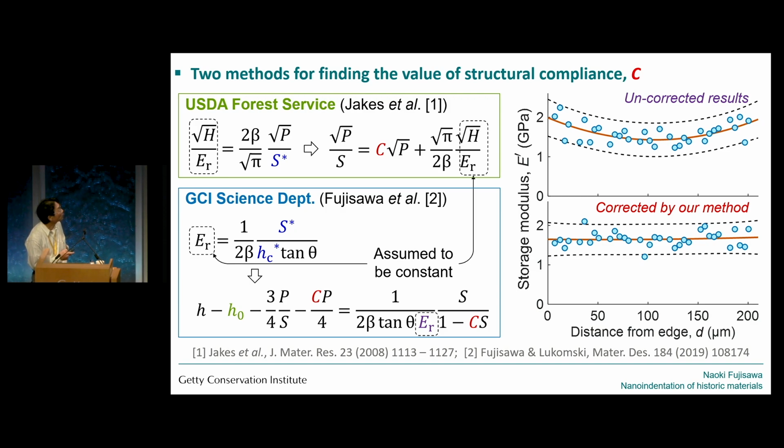So this default method is suffering the effect of the edge. Whereas if we use our model, you get the constant modulus profile across the thickness of the film as expected.